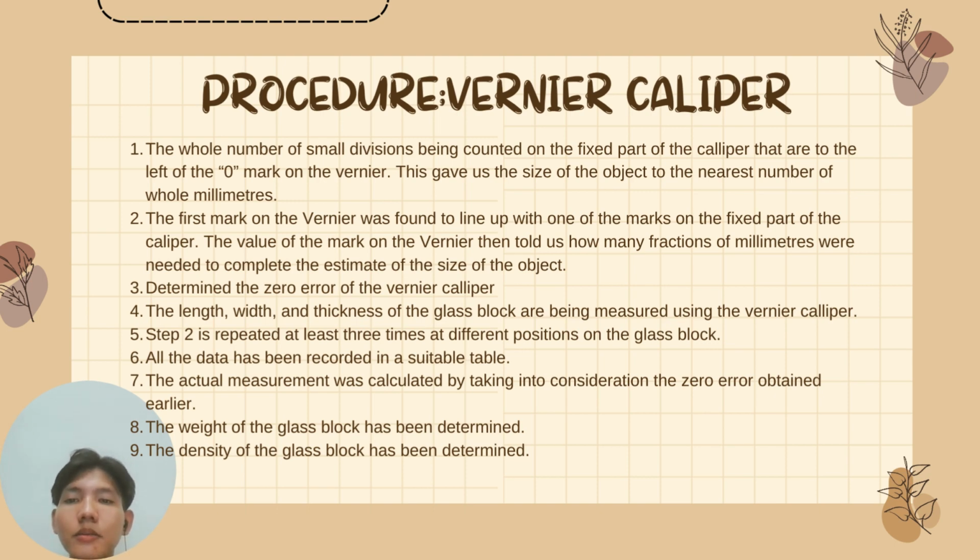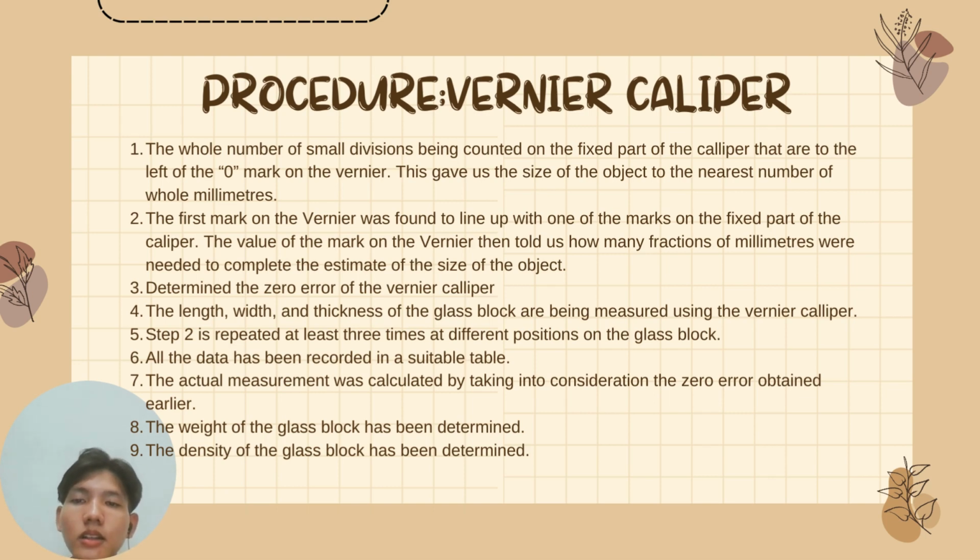Third, determine the zero error of the vernier caliper. Fourth, the length, width and thickness of the glass block are measured using the vernier caliper. Fifth, step 2 is repeated at least 3 times at different positions on the glass block.